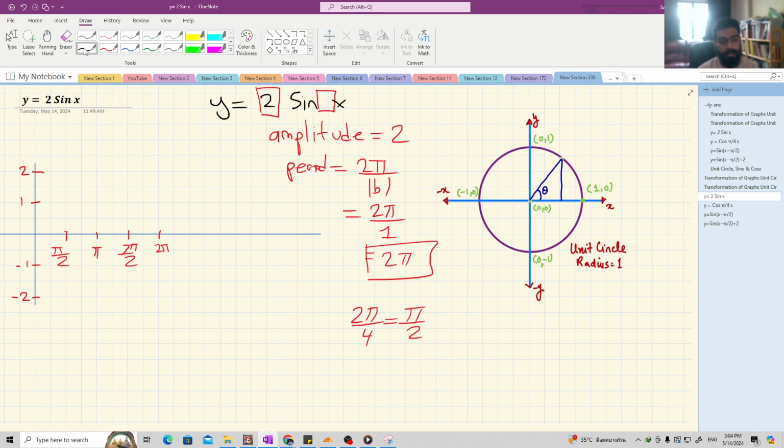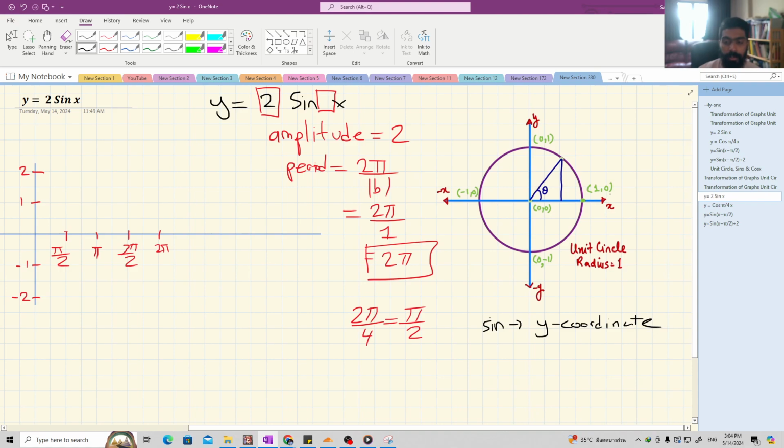Now, in this case, guys, let's see what happens. When we have 0 degrees, we see that the value of sine is equal to 0, right? So let me also write it down. Sine, we are looking at the y coordinate, right? Now, when we are at 0 degrees, our sine has a value of 0.